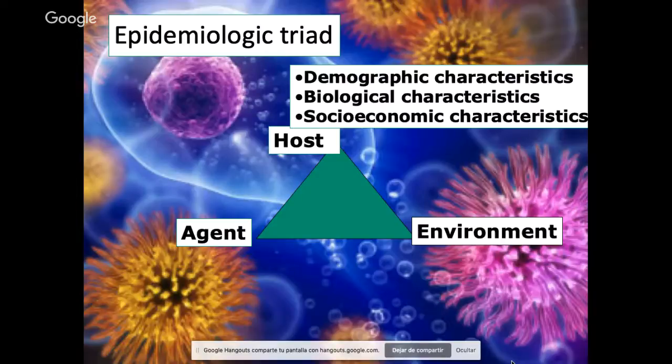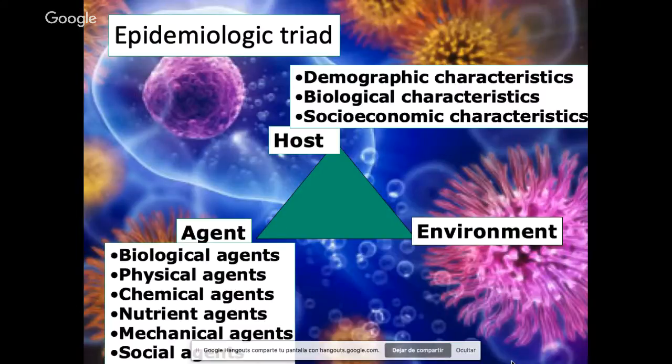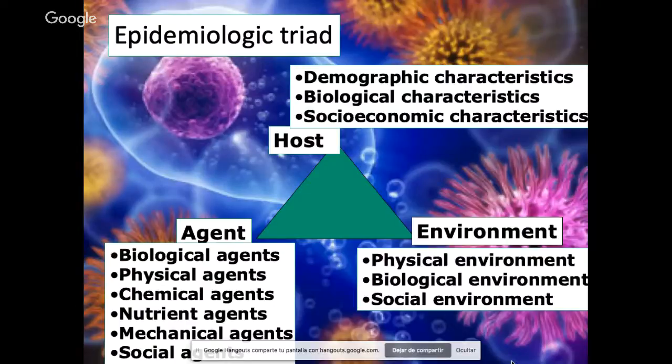In the host, we need to identify the demographic characteristics, the biological characteristics, and the socioeconomic characteristics. In the agents, we have biological agents, physical agents, chemical, nutrient agents, mechanical agents, and social agents.